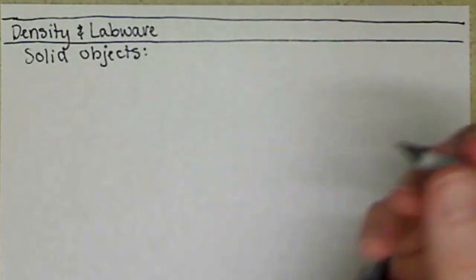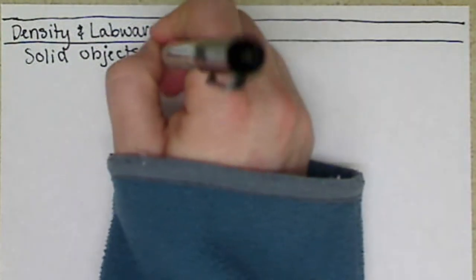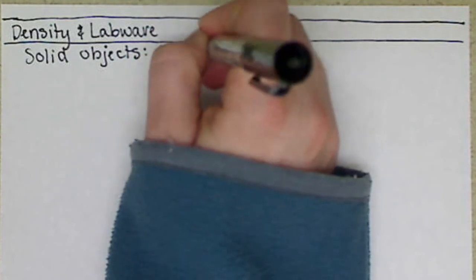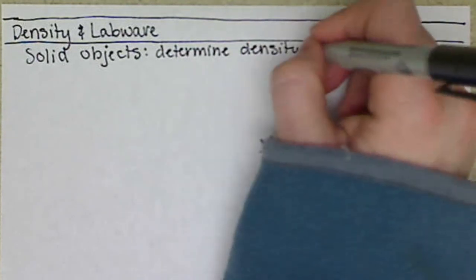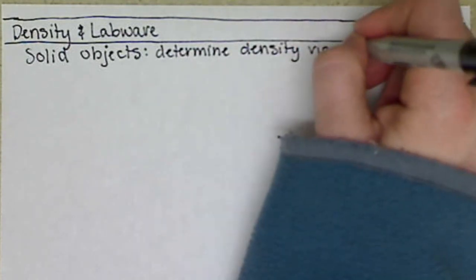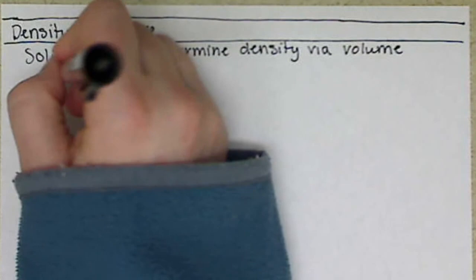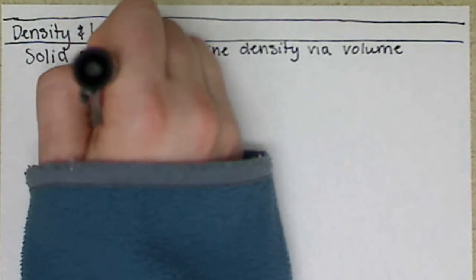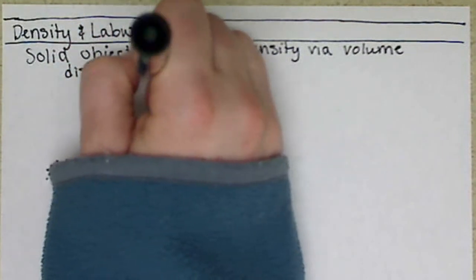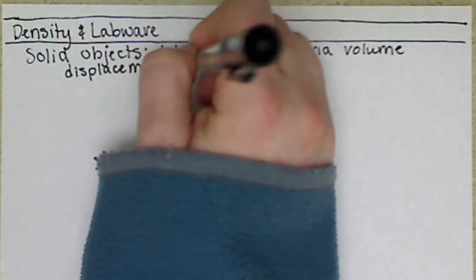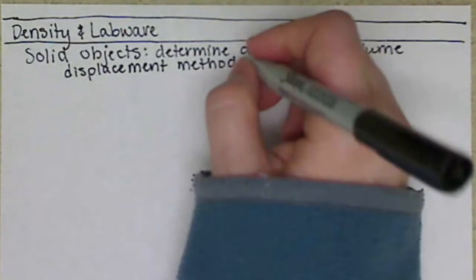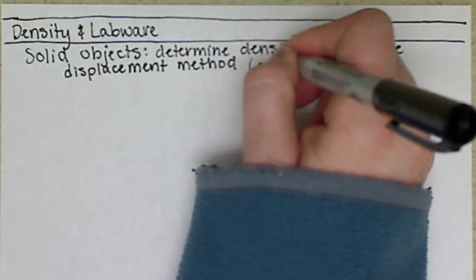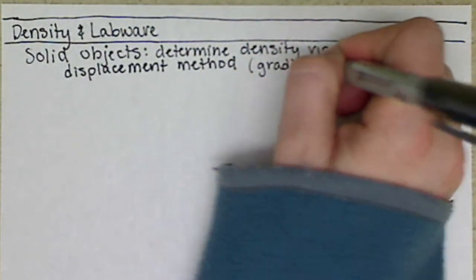We want to determine the density via what's called the volume displacement method. And when we do this volume displacement, we are going to use a graduated cylinder.